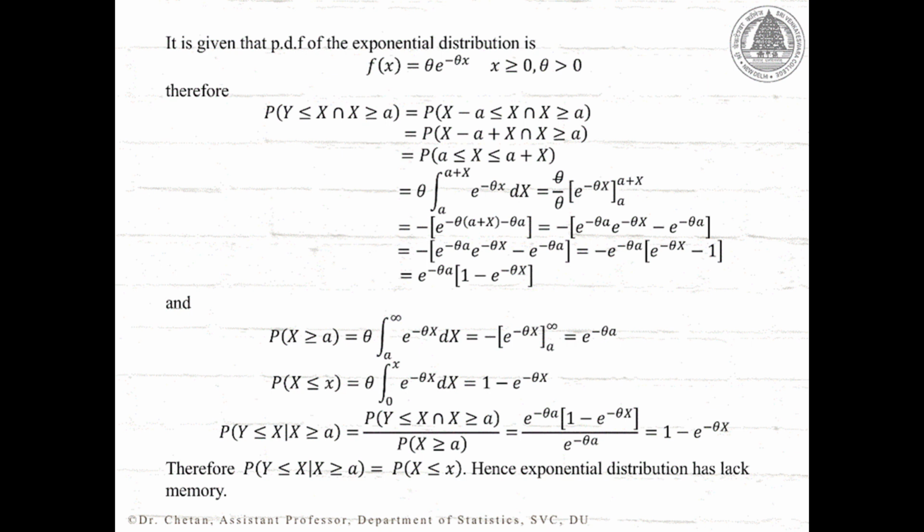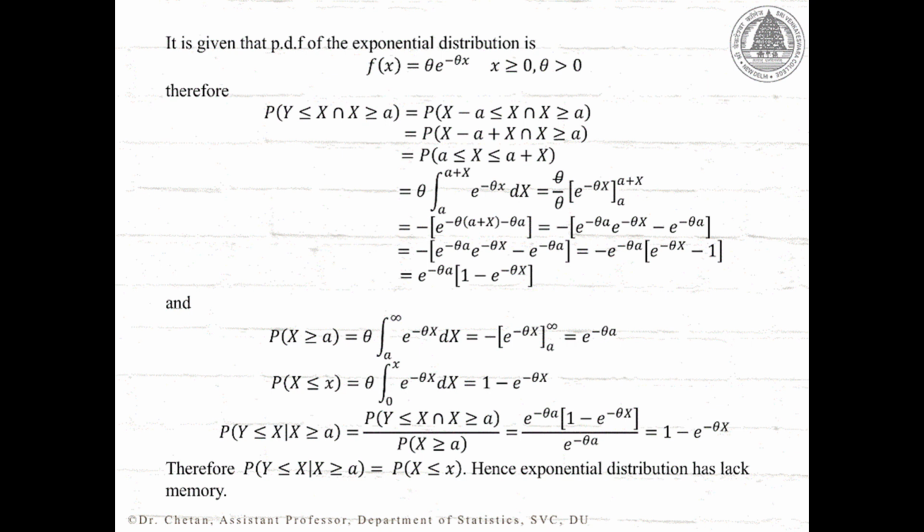In the previous classes we studied conditional probability, so here we will use the formula of conditional probability. The probability of y less than or equal to x, given x is greater than or equal to a, is equal to the probability of y less than or equal to x intersection x greater than or equal to a divided by the probability of x greater than or equal to a.